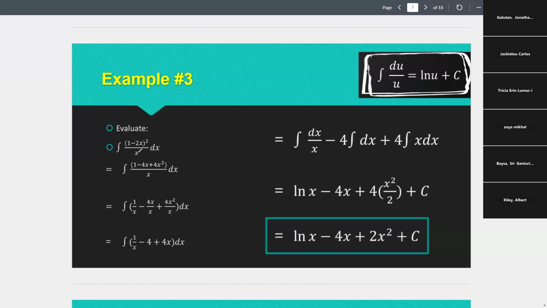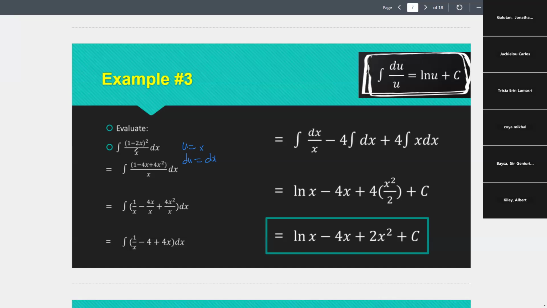But notice that when we derive, of course, x, okay, if kinuha natin yan as our u, the du is dx, correct? And notice that, yes, we do have a dx, but we don't have 1 minus 2x squared, okay? So as to why, this is not applicable anymore. So this is not under logarithmic function anymore.